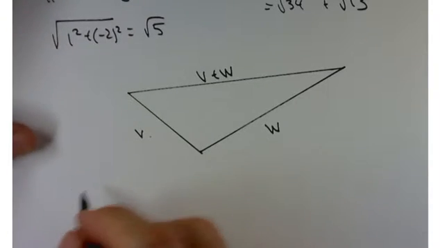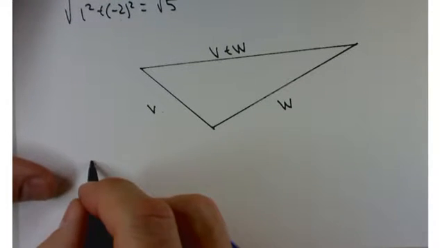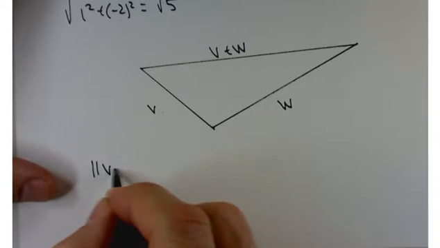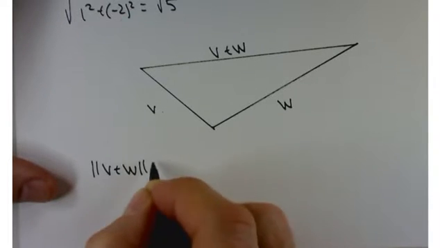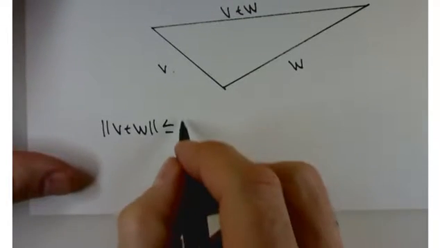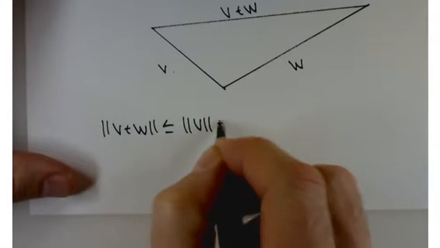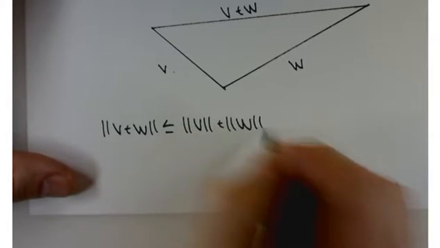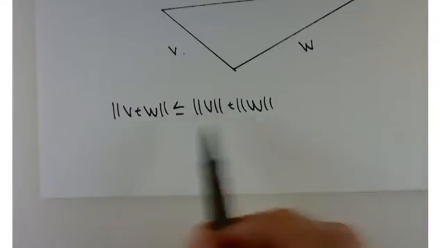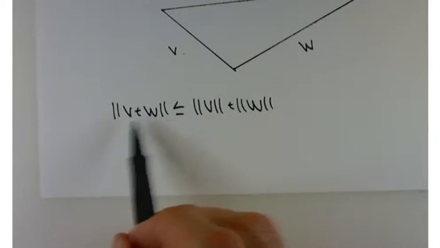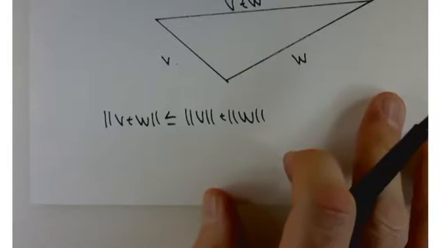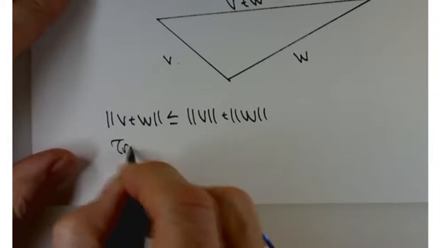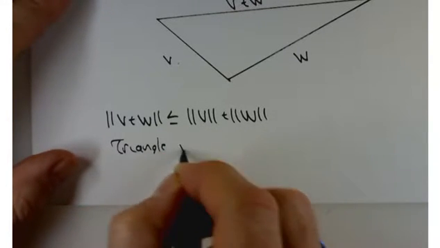And if I write this down in general, the length of V plus W is always less than or equal to the length of V plus the length of W. The length of two sides of the triangle is always greater than that third side. That's what it's saying. Triangle inequality.